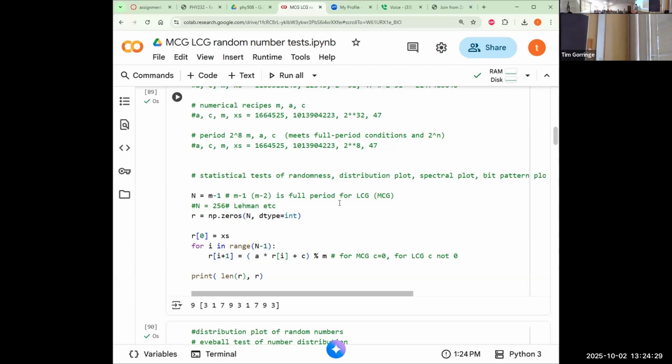It can't generate all the numbers in the space of 10. Modulo 10 has a space of numbers from 0, which we know is a trap, so we don't want that, but from 1 to 9. This is only generating the odd numbers, 3, 1, 7, and 9, and that series just repeats over and over again. So that's not a good choice.